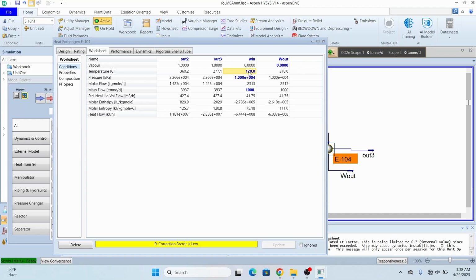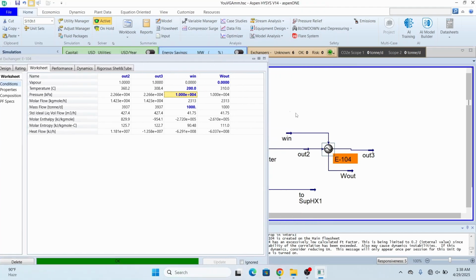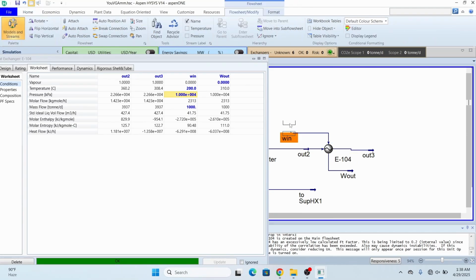So I can increase the temperature. If I give 150 degrees, it is improving. If I give 200 degrees, now you can say it is converged. But the water in will have to be at 200 degrees, and this E104 is acting as an economizer.